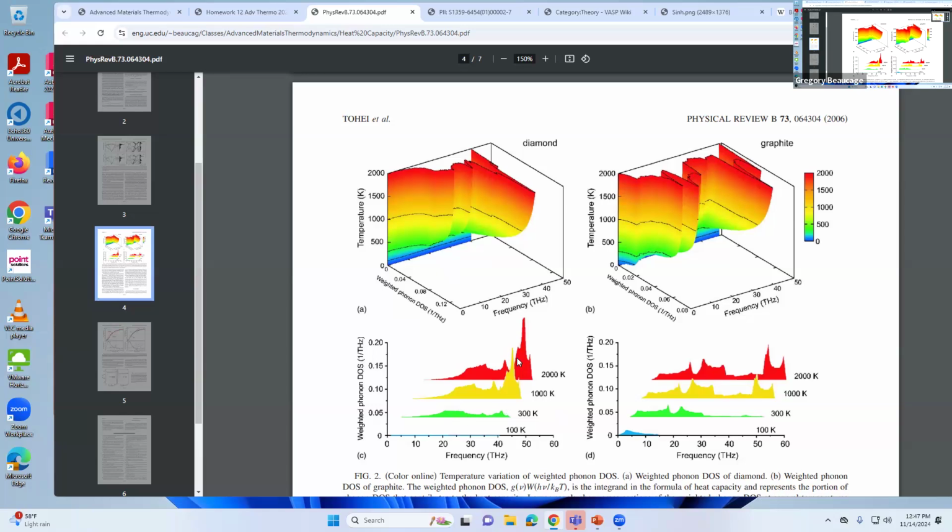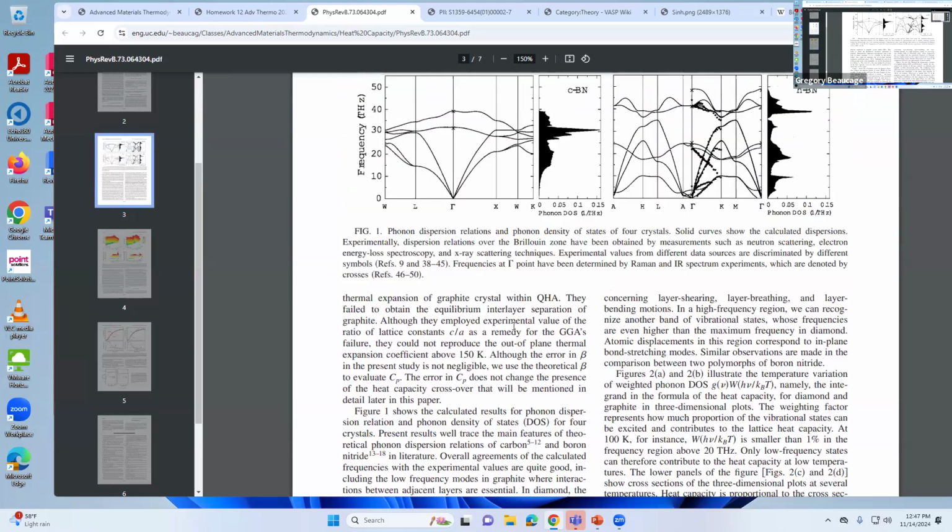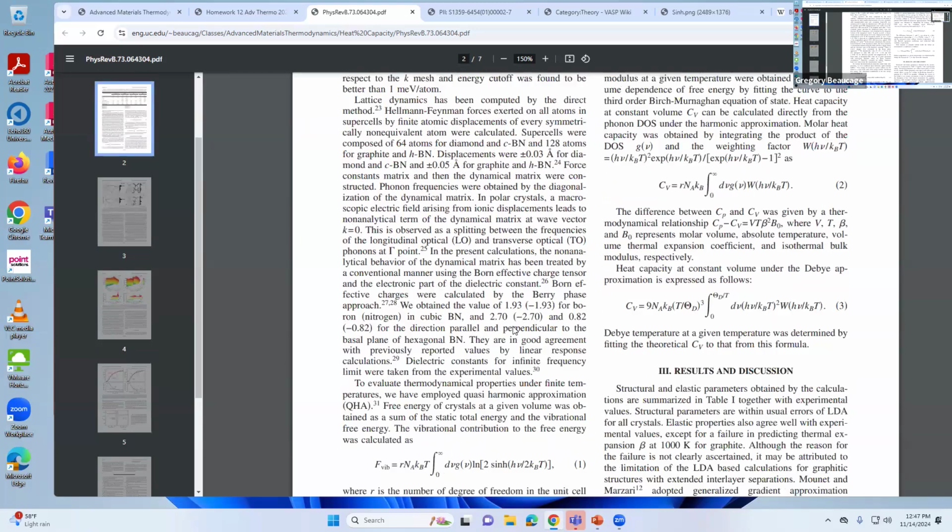As you heat it more, you excite more of these high frequency vibrations, and then you find out that there's this big peak for the in-plane graphite sheets that isn't there for the diamond, and that only activates at a high temperature. For carbon, it's 1,000 degrees, and for boron nitride, it's 600 to light off the in-plane vibrations of graphite.